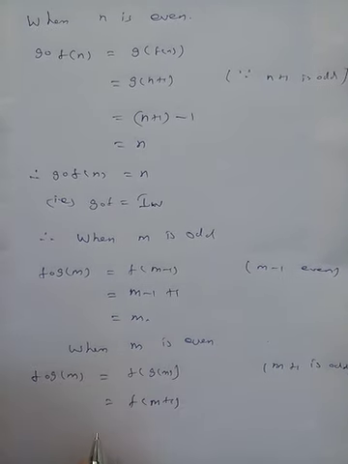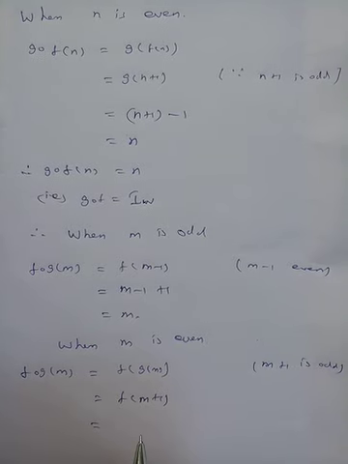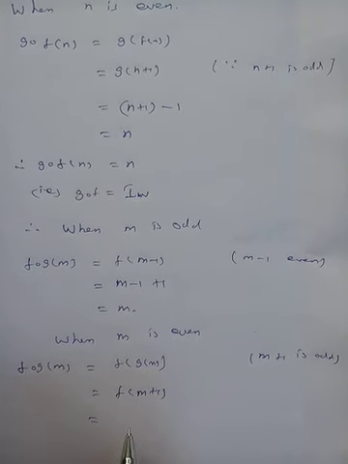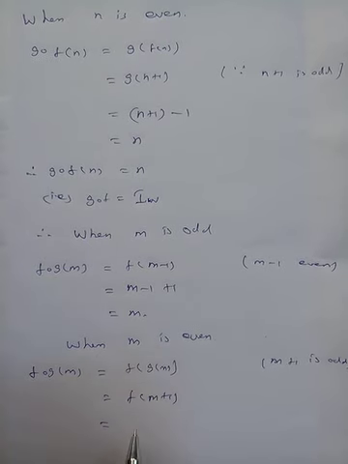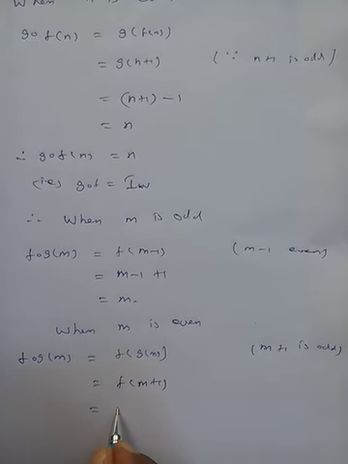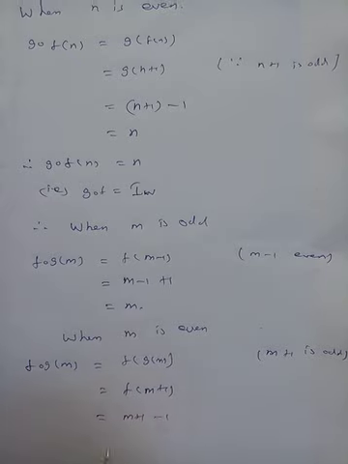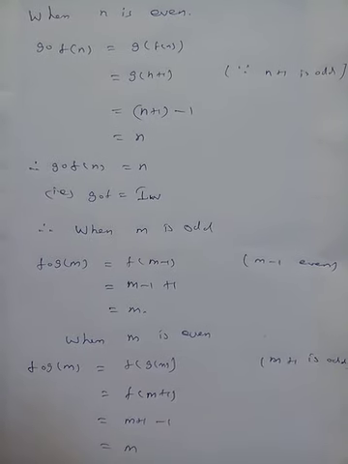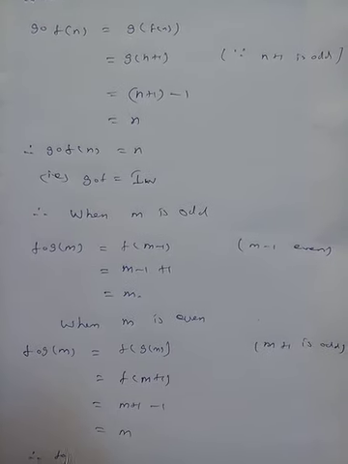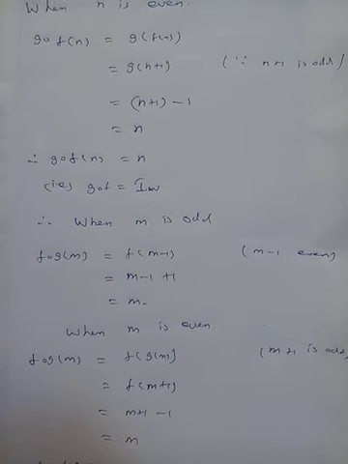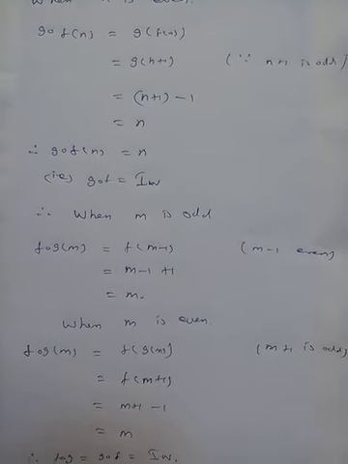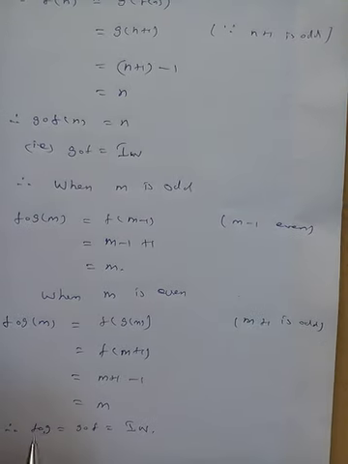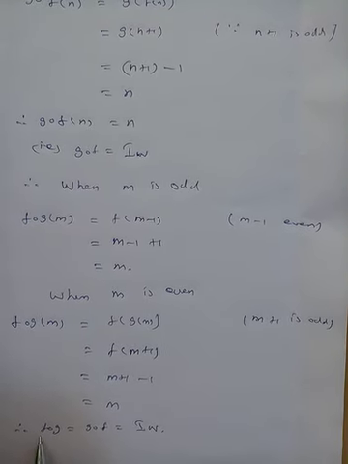So f of an odd value n, if n is odd, the function is n minus 1. Now m plus 1 is an odd number. Therefore, m plus 1 minus 1 is equal to m. Therefore, f composition g equals g composition f equals I_W. Therefore, g is the inverse of f.